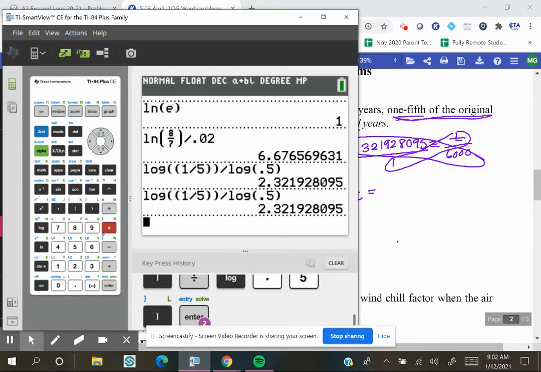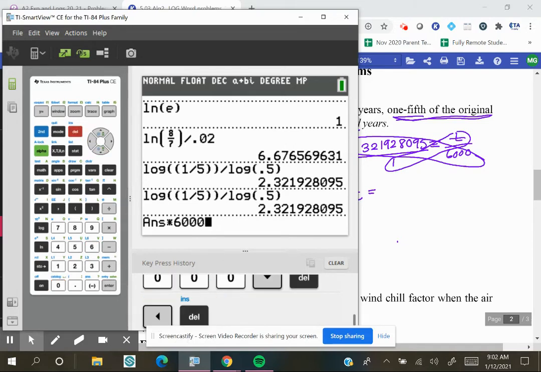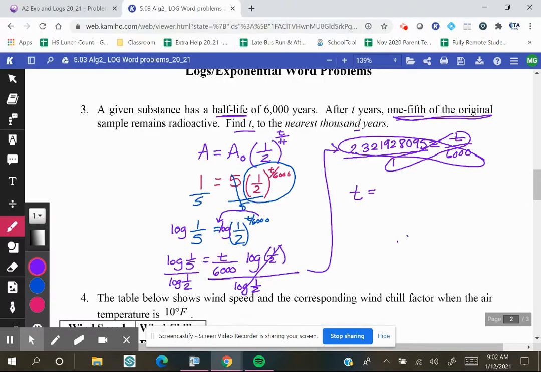I already have this decimal, so just hit times, oops, too many zeros, 6,000. And write out your whole decimal, 13,931.56857. And then you're going to round that to the nearest 1,000 years.